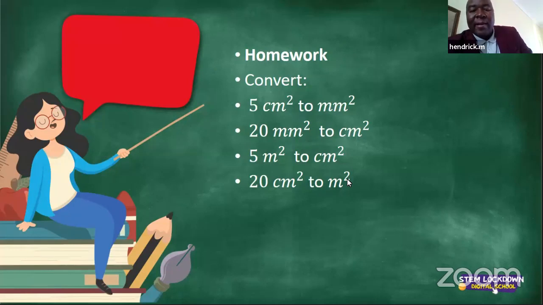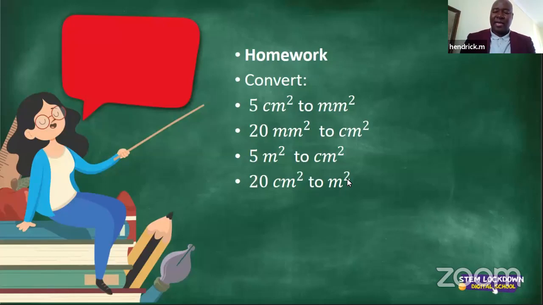And the second one, convert 20 square millimeters to square centimeters this time. Then the next one, of course, will be to convert 5 square meters to square centimeters. The next one will be converting from 20 square centimeters to square meters. And this will be homework that you can do, and then we can look at that in our next lesson.